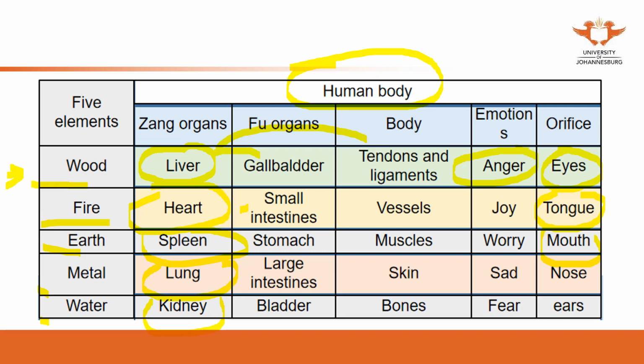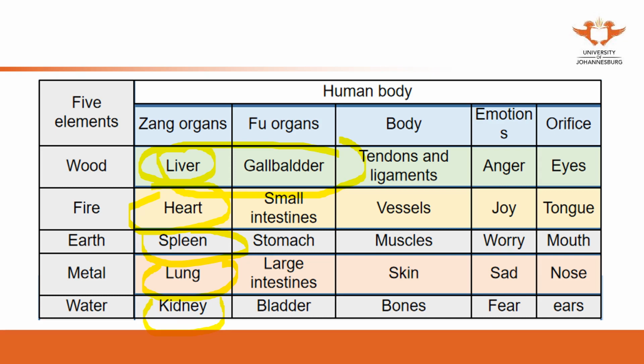You may ask why the gallbladder is under the liver and the small intestine is under the heart system. When we study the meridians, you will understand, because these organs and tissues are linked by different meridians.